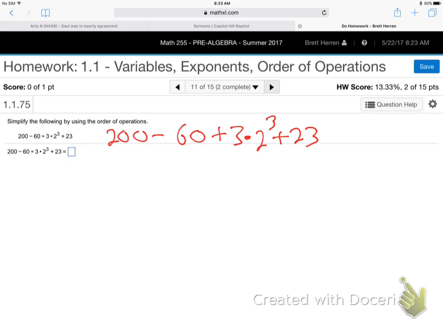So where do we go first? Yeah, that power right there. 2 to the third, what's that, 8? Because, again, it's multiply. 2 times 2 is 4, times 2 is 8.